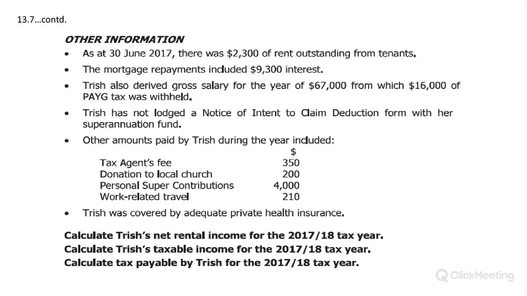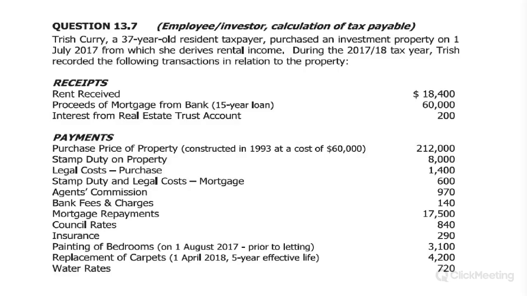All right. So, first thing you need to calculate is the net rental income for the 2017-18 financial year. To do so, first thing you will need to see is how much is the rental income. How much is the rent received? Now, don't be deceived by this information of proceeds of mortgage from bank 15-year loan. This is not income.